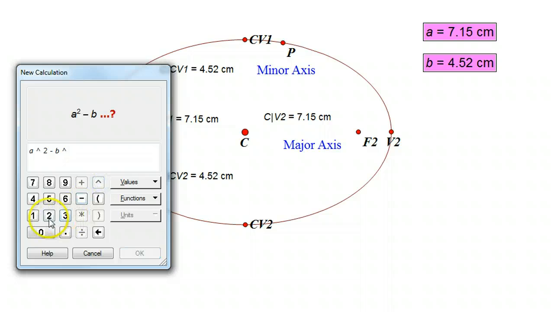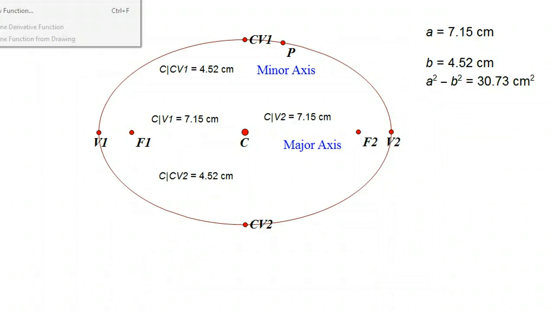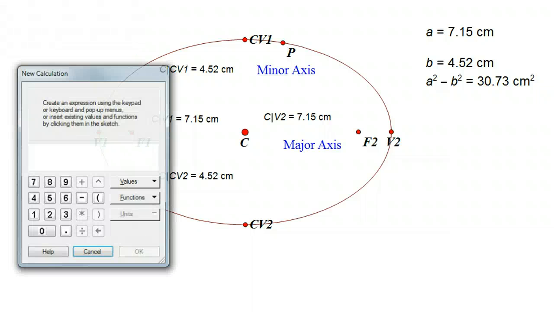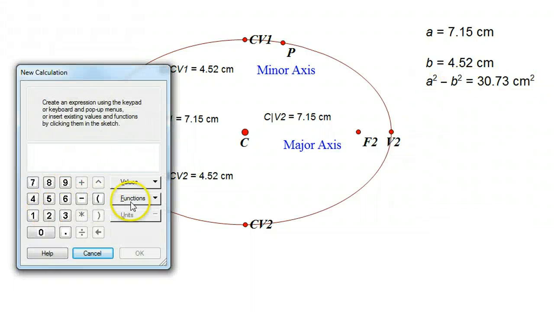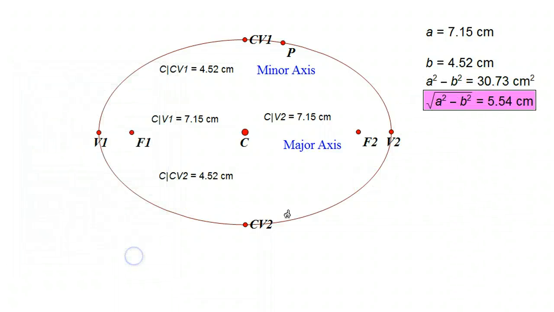Let's see what we get. And then we're going to take the square root of that number and see what number it ends up being. It ends up being around 5.54.